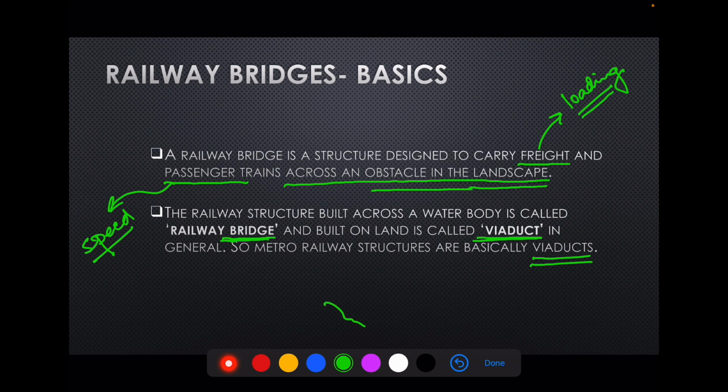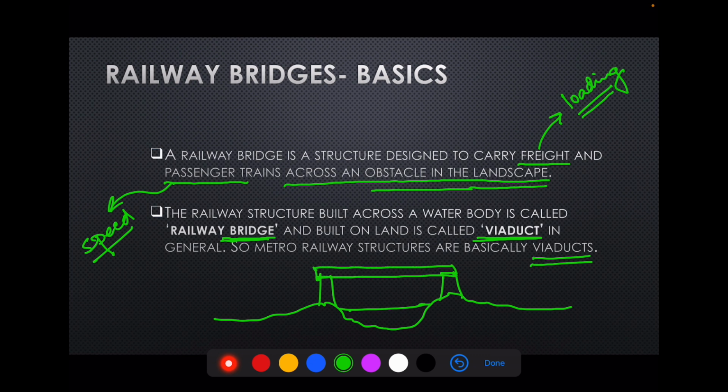So if there is a river and then there is land and we build a bridge over here like this, then the bridge approach, or you can say the river approach, is normally on a gradient.